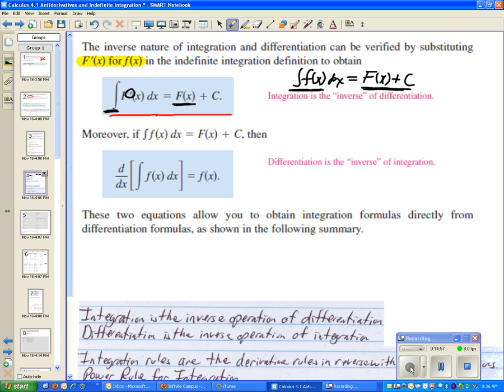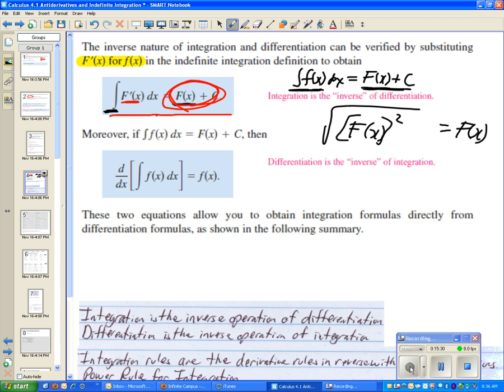It's kind of like if I took something and squared it, and then took the square root of it, wouldn't I be back right here? Same idea. I start with capital F, and I take its derivative. Then I took the antiderivative of that. Doesn't that get me back to where I started?